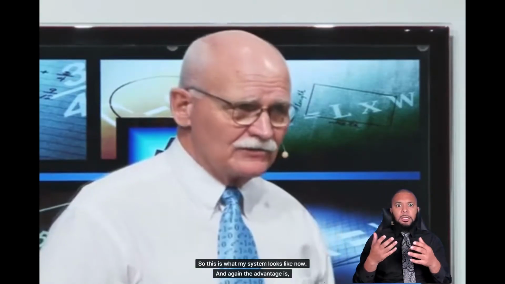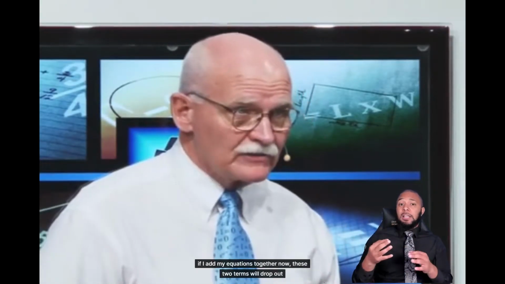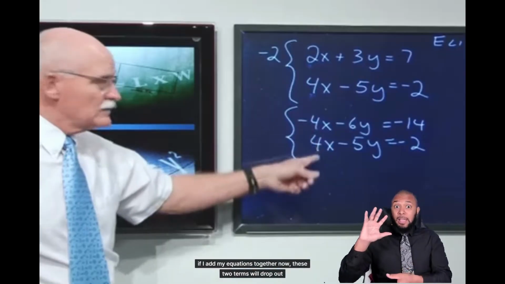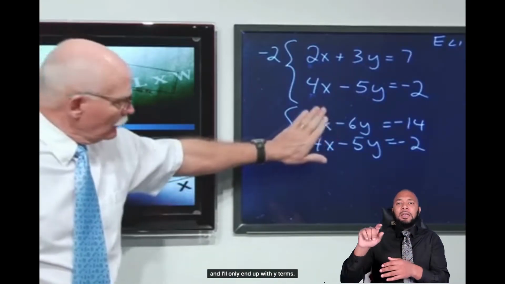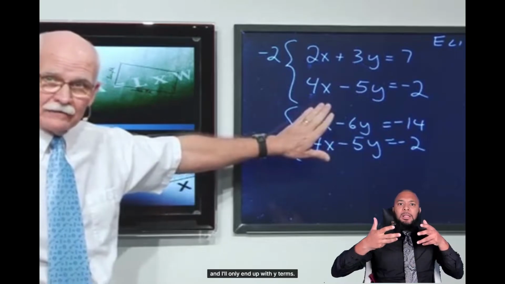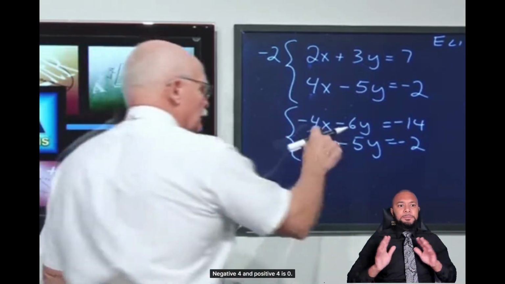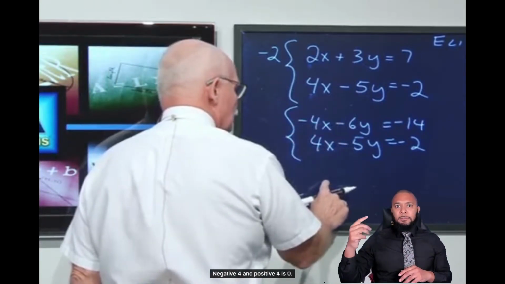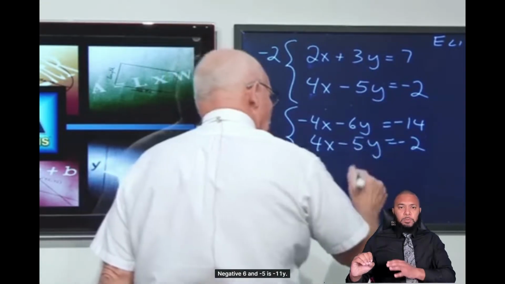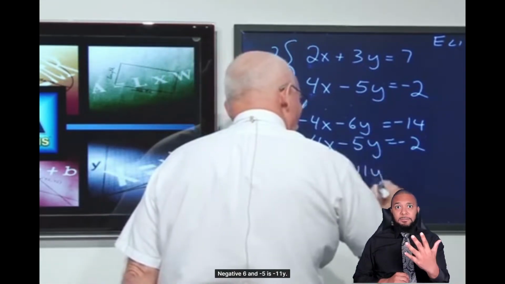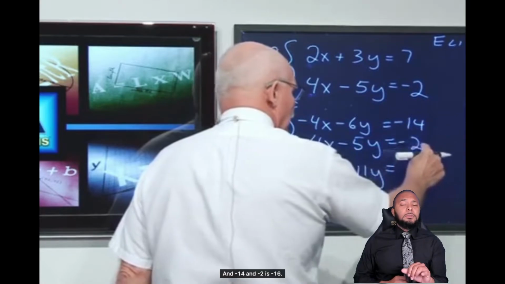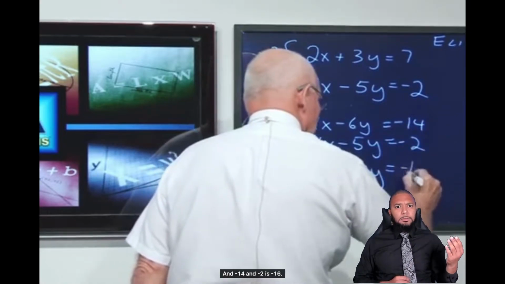And again, the advantage is if I add my equations together now, these two terms will drop out, and I'll only end up with y terms. Negative 4 and positive 4 is 0. Negative 6 and negative 5 is negative 11y. And negative 14 and negative 2 is negative 16.